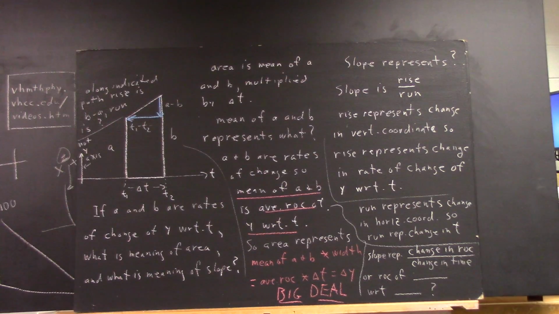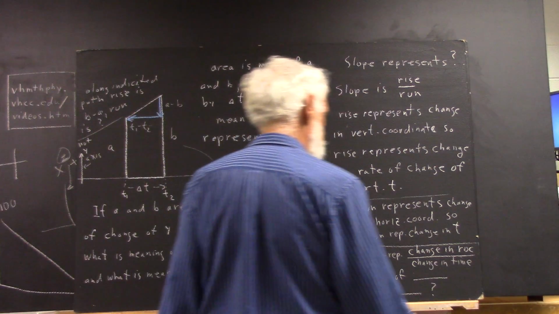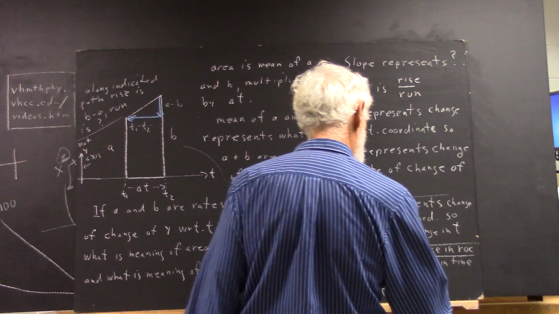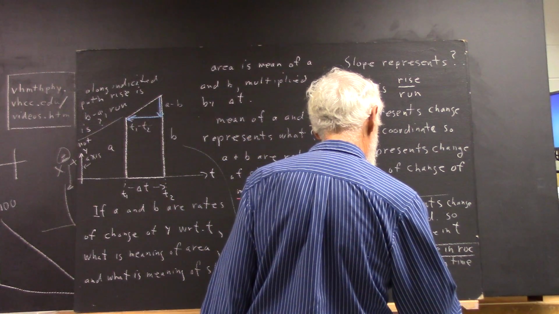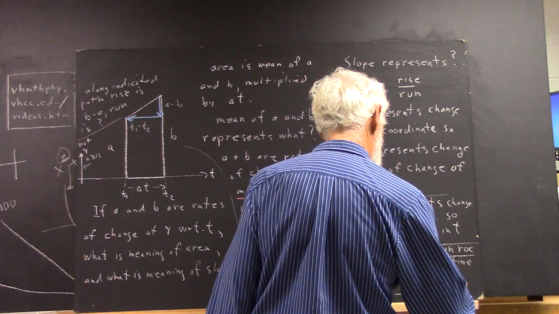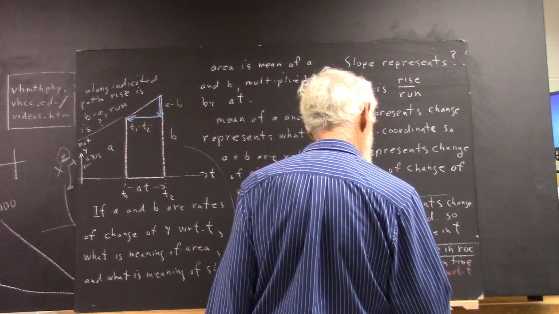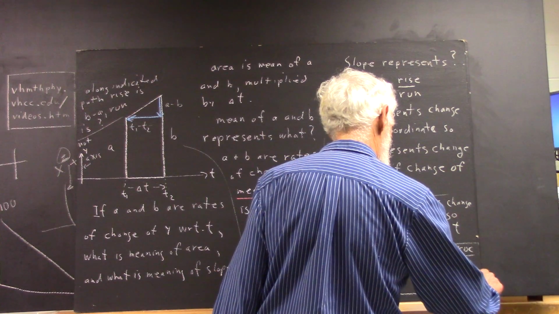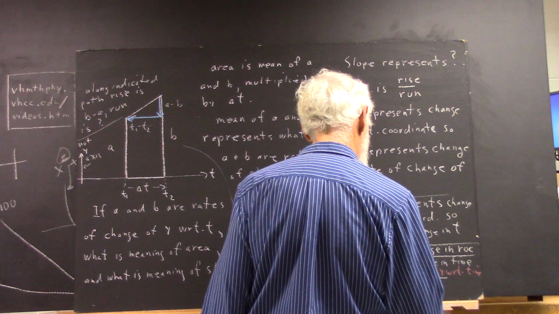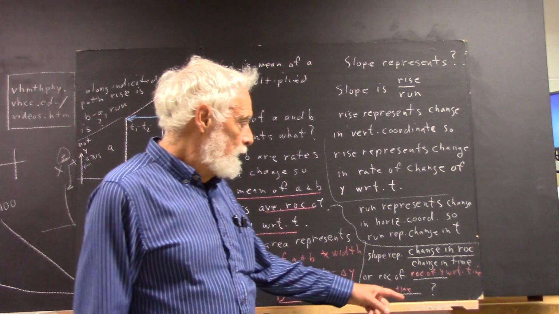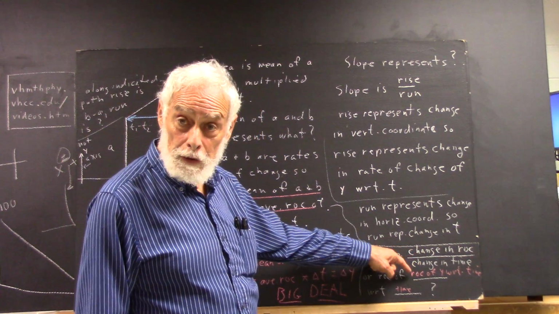So the A quantity is the rate of change, so it's the rate of change of the rate of change.